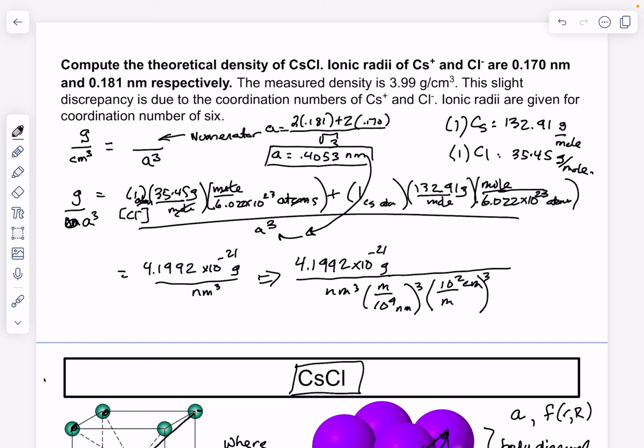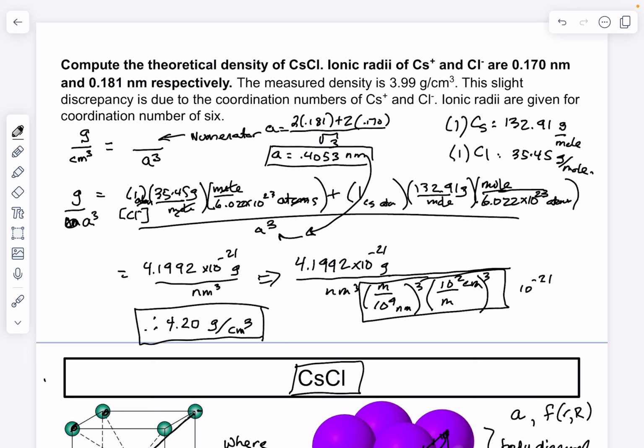It'll be 10 to the 6th divided by 10 to the 27th, and so that would be equal to 10 to the minus 21. So all of this corresponds to equaling 10 to the minus 21, and you can plug this in your calculator if you prefer. Therefore our answer, and I'm going to round up a little bit, is going to equal 4.20 grams per centimeter cubed. So that's our final answer.